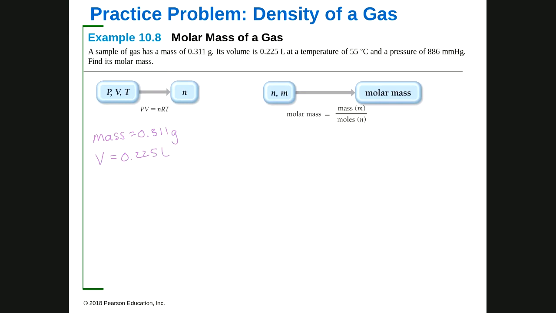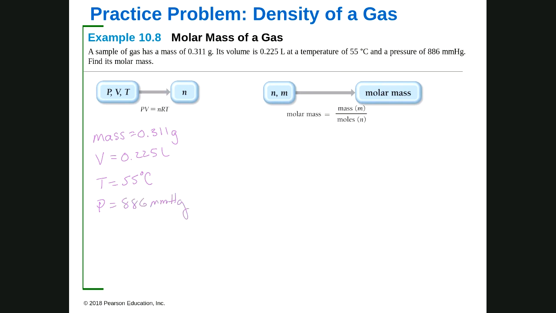So I took 0.311 grams of gas, and at that amount, it had a volume of 0.225 liters, and I had to have it at a temperature of 55 degrees C in order to get it to become a gas. And the pressure that I had it under was 886 millimeters of mercury.